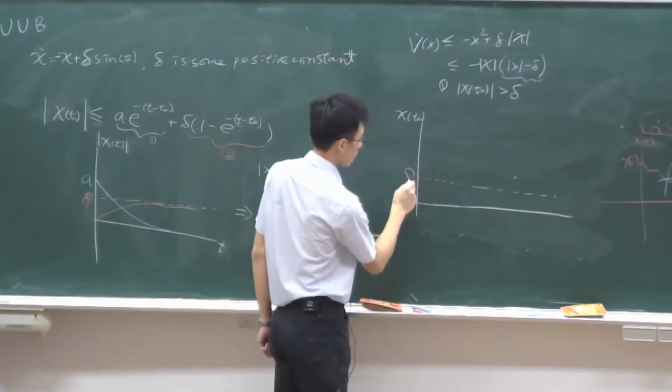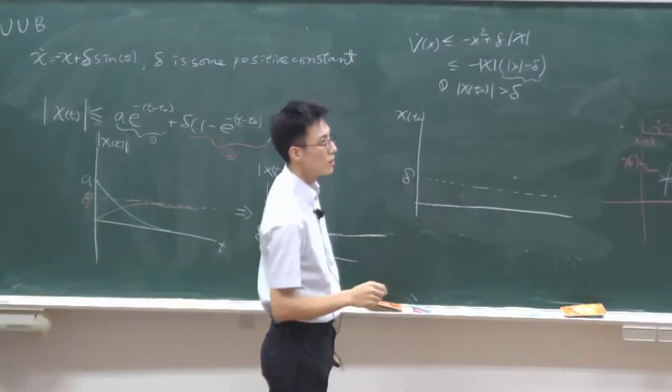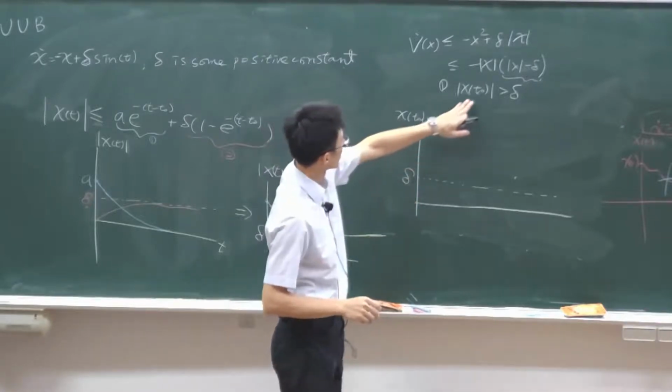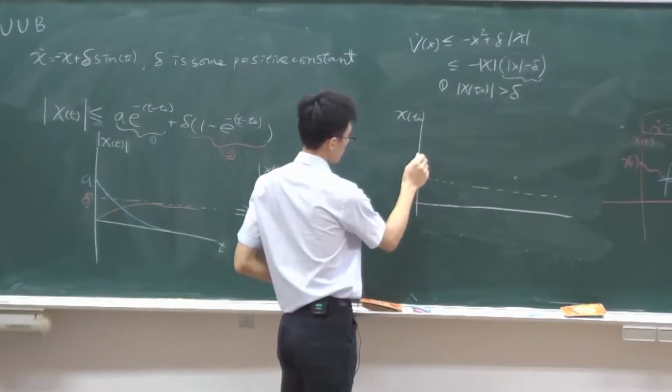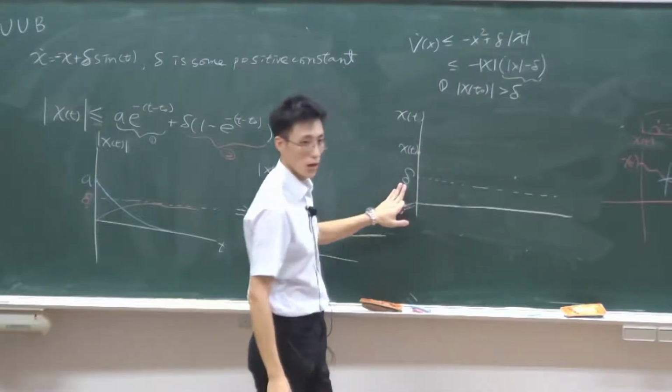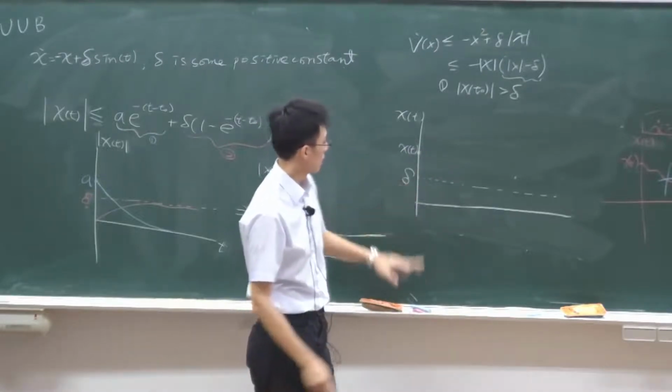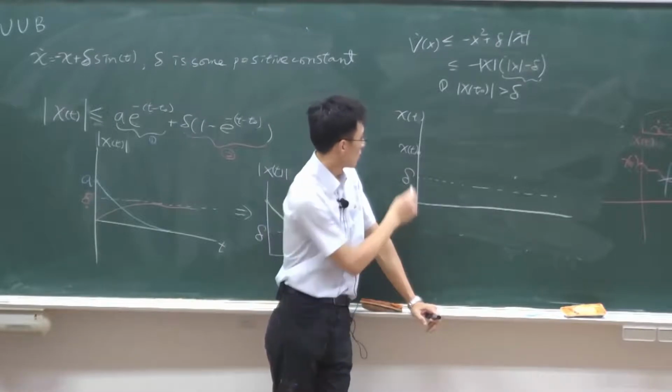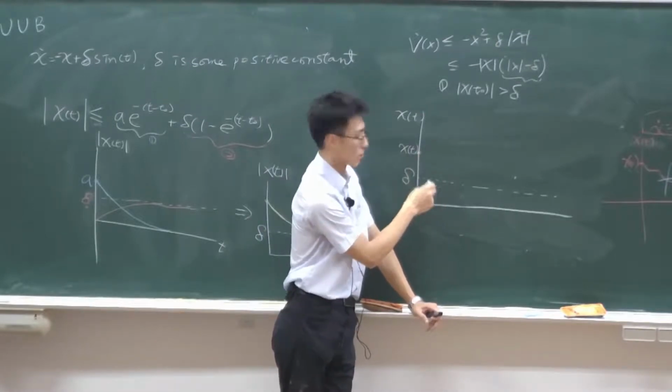So say it's delta here. If you start from an initial condition that is greater than delta, then guess what? Will it go up or go down? Decrease or increase?